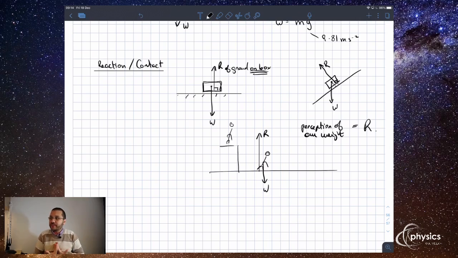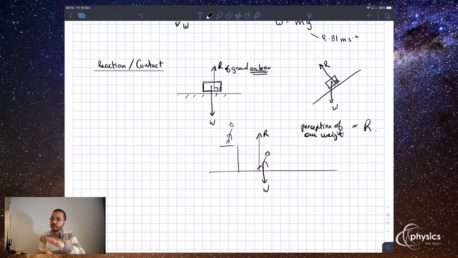How heavy we feel ourselves, we feel not according to our weight, because our weight is the gravity pushing us down. But actually, the force that we feel on our feet is the reaction force. When you are standing, you feel heavy according to how much the ground is pushing you upwards.